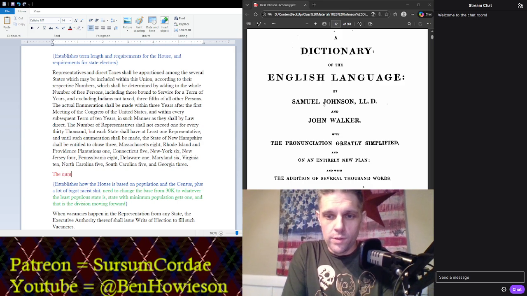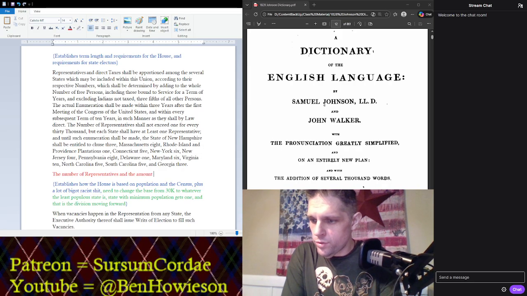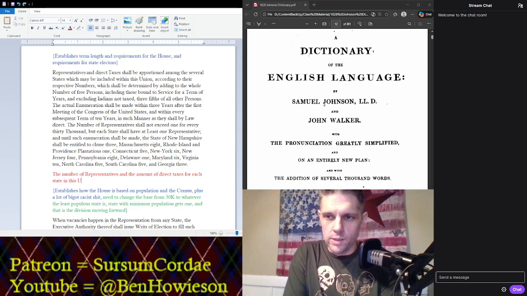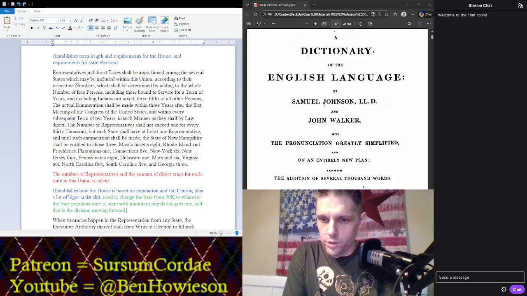The number of representatives and the amount of direct taxes for each state in this Union, let's keep Union capitalized, is calculated by their numbers.